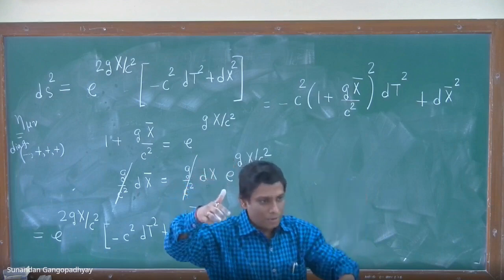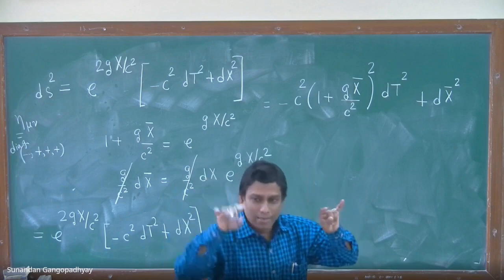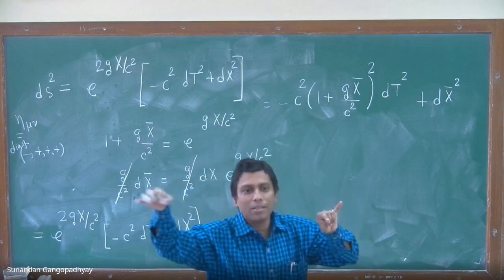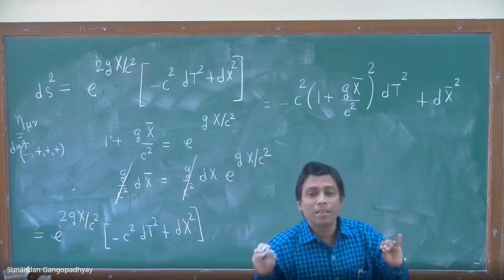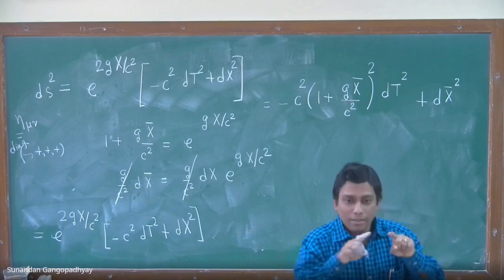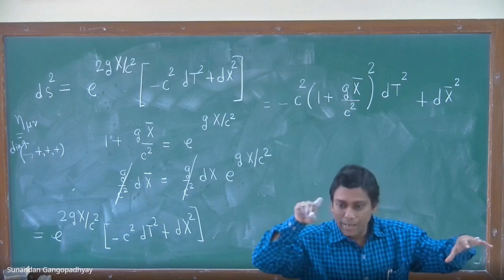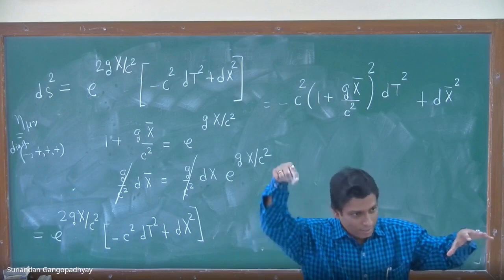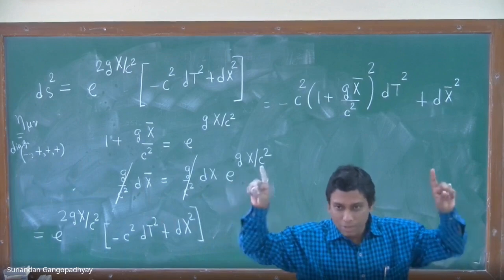So acceleration due to gravity, you can quote unquote minus freely falling elevator is equal to special theory of relativity. Special theory of relativity means what? g is 0. So in this quote unquote equation, uniform gravitational field minus freely falling elevator is equal to 0 gravity.